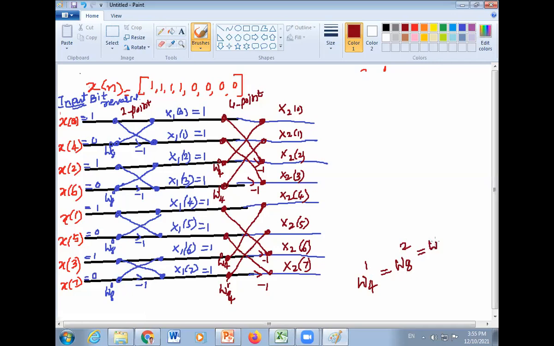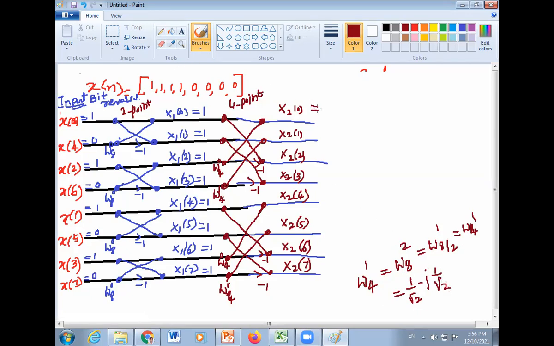It is just the same as 8/2. Or else simply we need to write the value of W8 to the power 2. What is the value? W8 to the power 2 का value क्या है? 1/√2 minus j 1/√2. So this value we need to multiply.